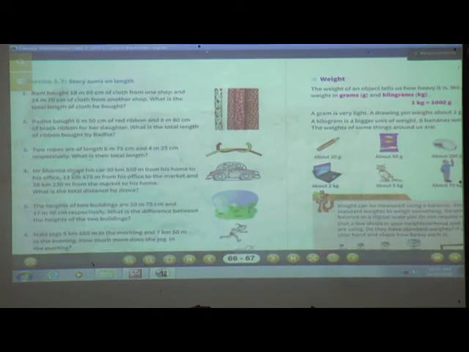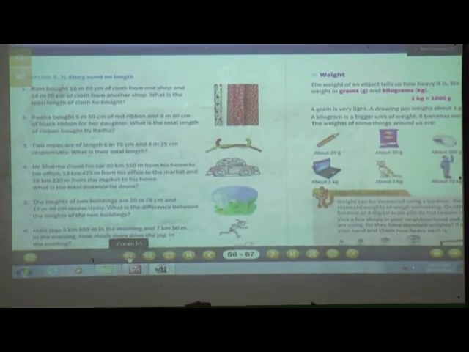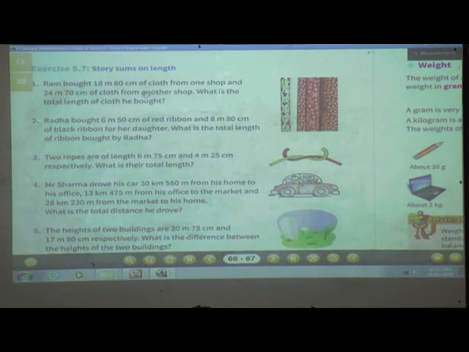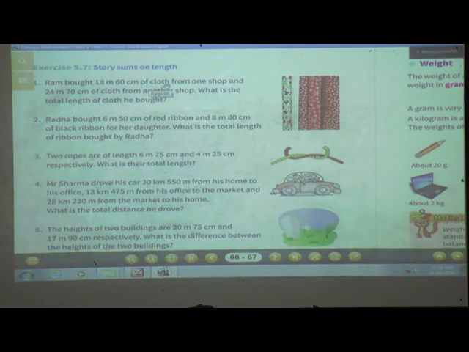Read the first story sum. Ram bought 18 meter 60 centimeter of cloth from one shop and 24 meter 70 centimeter of cloth from another shop.